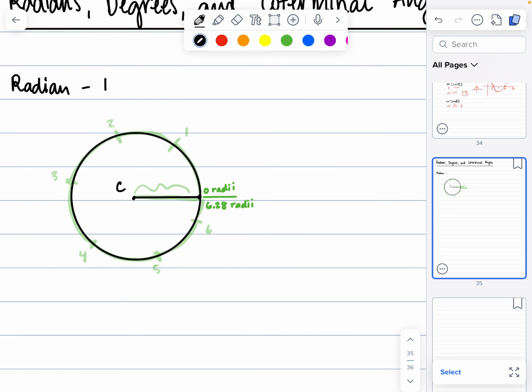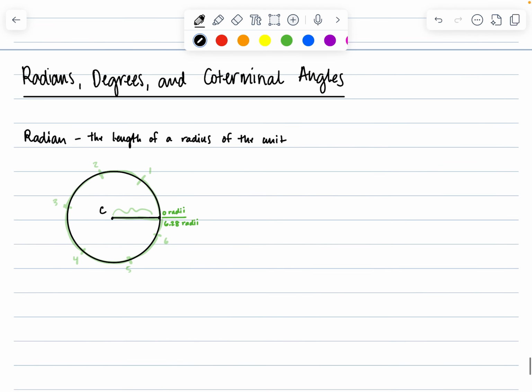It is the length of a radius of the unit circle wrapped along the circumference.